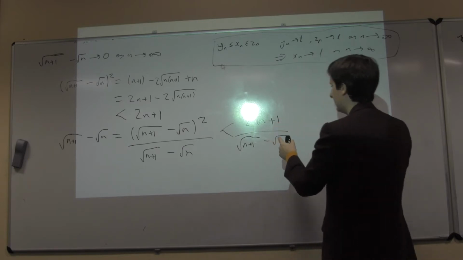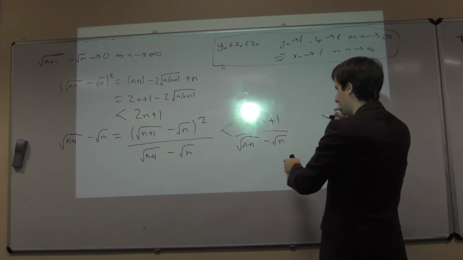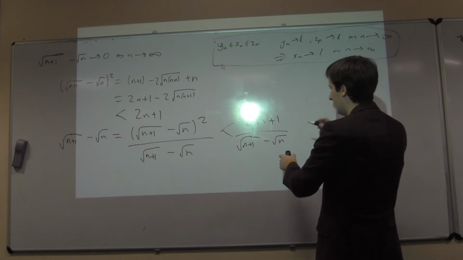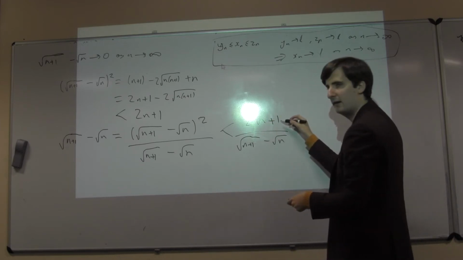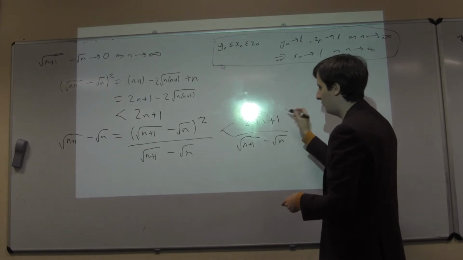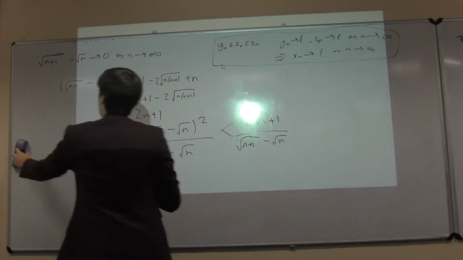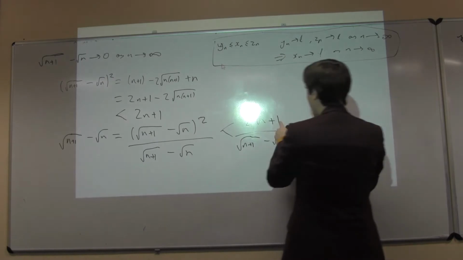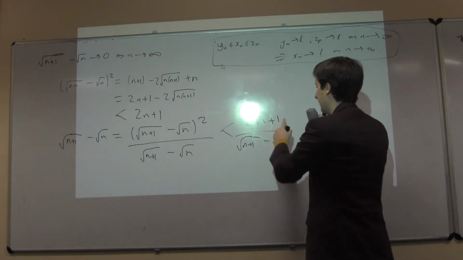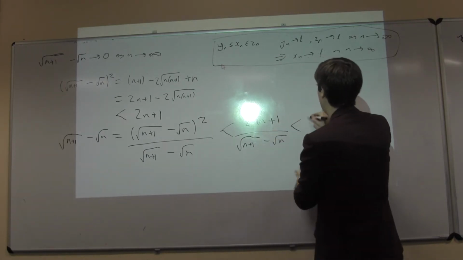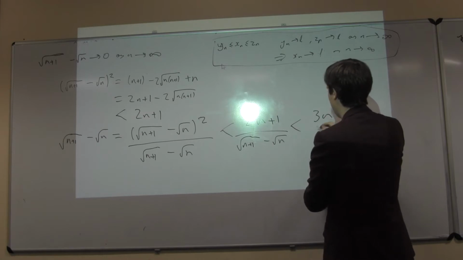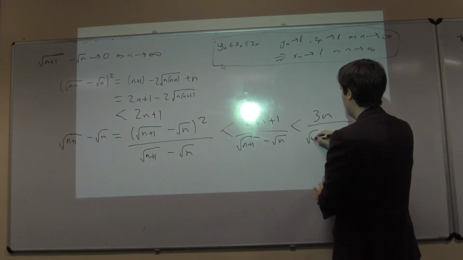Well, 2n plus 1 is certainly less than 3n. I'm not completely sure if this is right. So we're making 1 bigger. Okay, so this is less than 3n over what we had before.